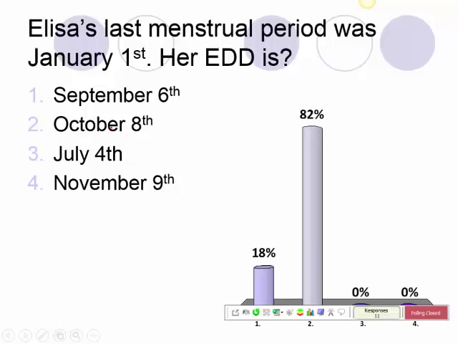Very good, October 8th. I said January 1st was her first day, so you begin counting: February, March, April, May, June, July, August, September, October. So October 1st she completes 9 months. Add 7 days to that, and it becomes October 8th. That's how you will calculate.